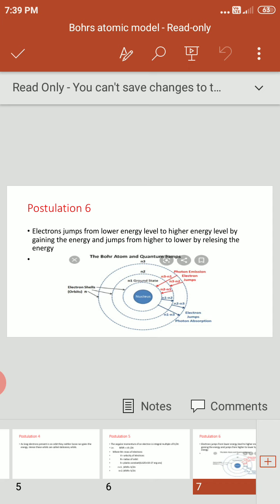Next, electrons may go to the excited state and then come back to the ground state. That can be explained by this postulation.